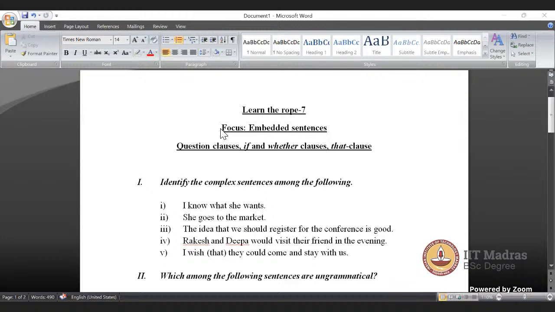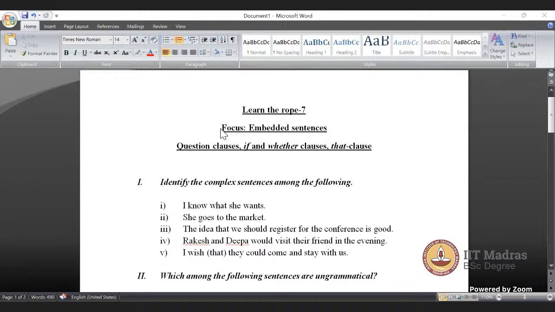Now the third one, the idea that we should register for the conference is good. What do you think about this sentence? The idea that we should register for the conference is good. Is that a complex sentence? Complex, ma'am. Why is it a complex sentence?